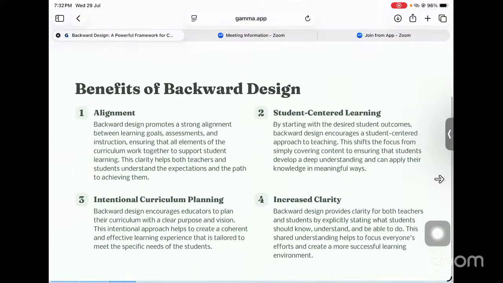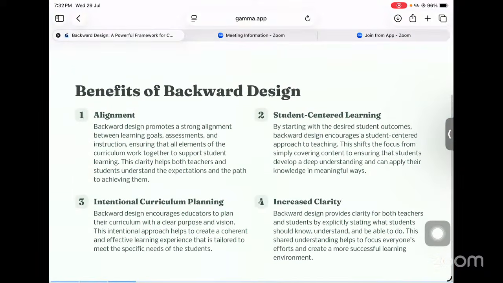Okay, now what are the benefits of backward design? When you do that, there will be a strong alignment between what the learning goals are, what the assessments are, and how you are going to teach. Because you are teaching the learning objectives, the same learning objectives are then assessed.